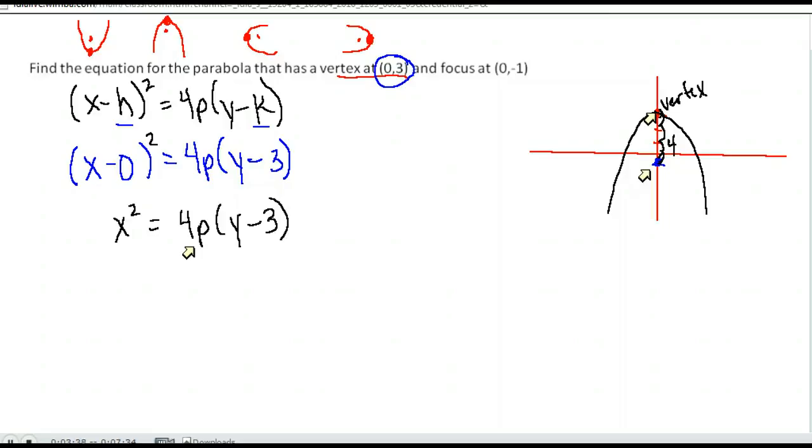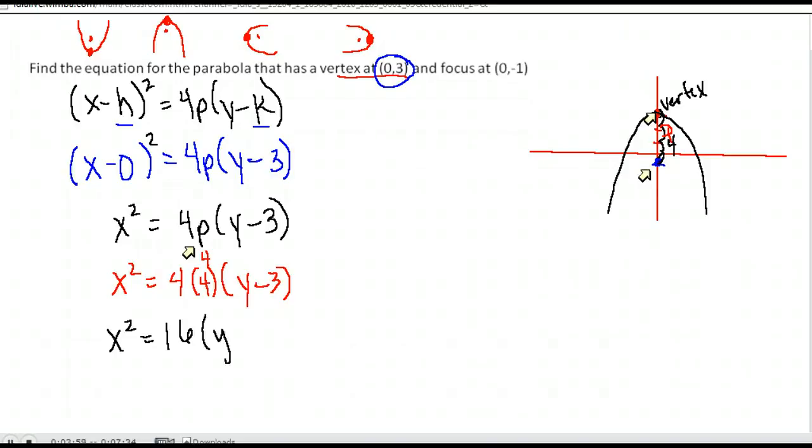So that tells me my p, because that's what p is in the graph of a parabola, my p is 4 here. So I can go ahead and finish writing this out, replace the p with a 4, and then just finish that out. So I have x squared equals 16 times y minus 3.